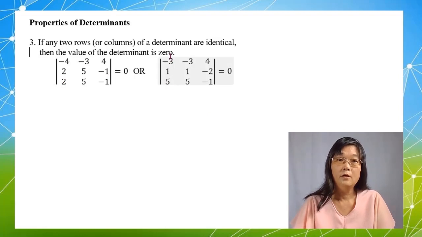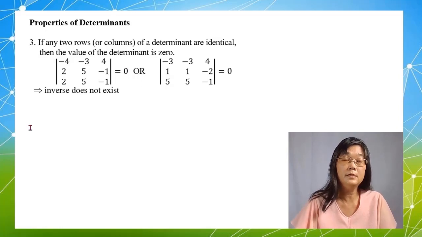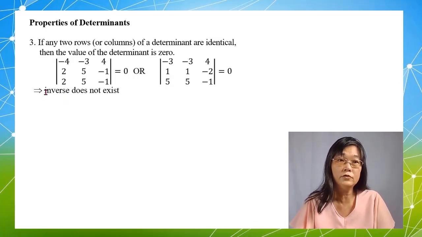Or here, all the elements in column 1 and column 2 are identical. So the value of the determinant is equal to 0. And we know that if the determinant is equal to 0, we can make the conclusion that the inverse of the matrix does not exist.